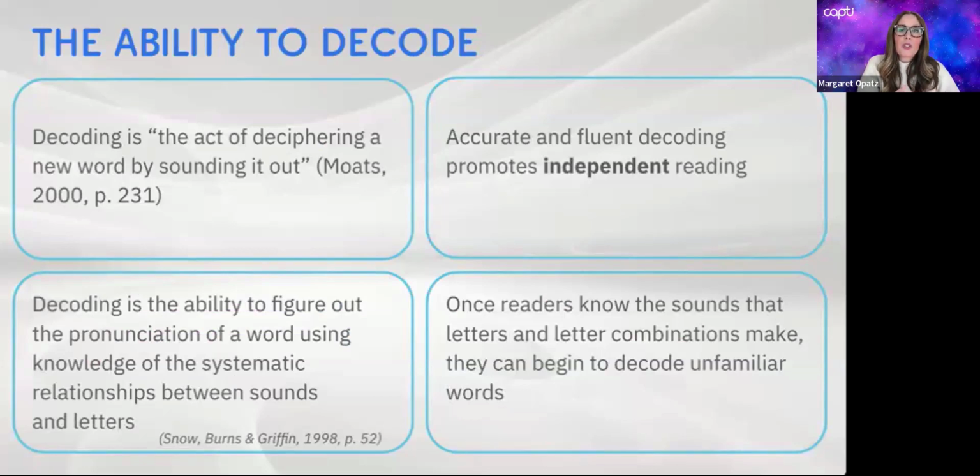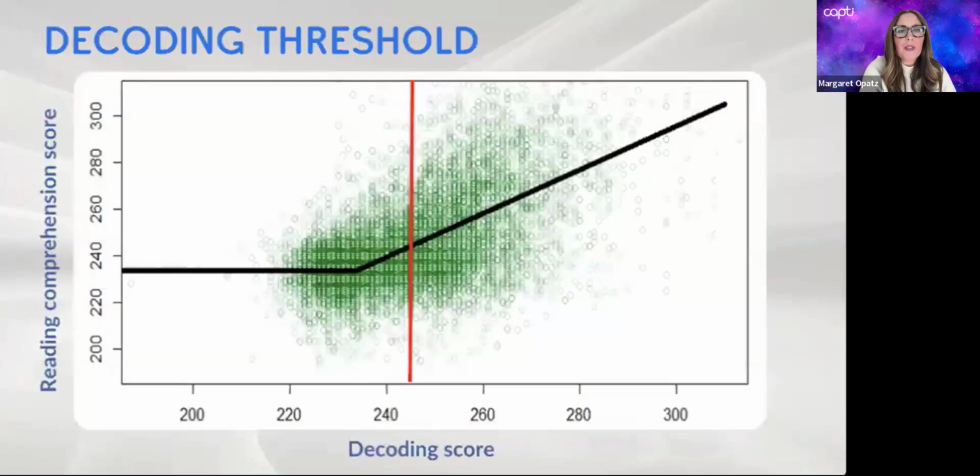And once students know how to create that letter to sound correspondence and get that off of the page, they're going to start to be able to decode unfamiliar words.